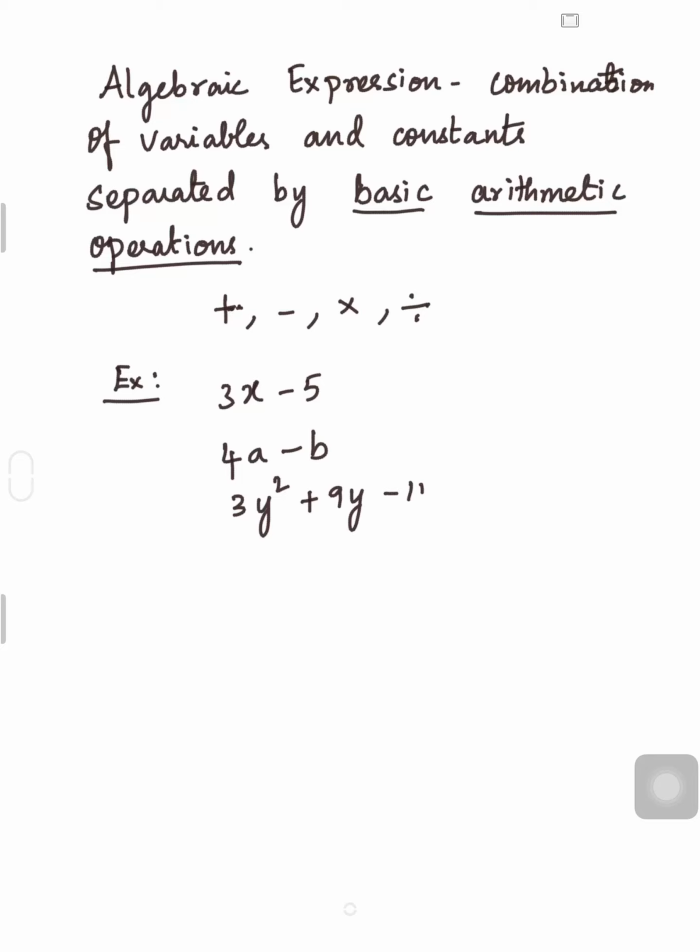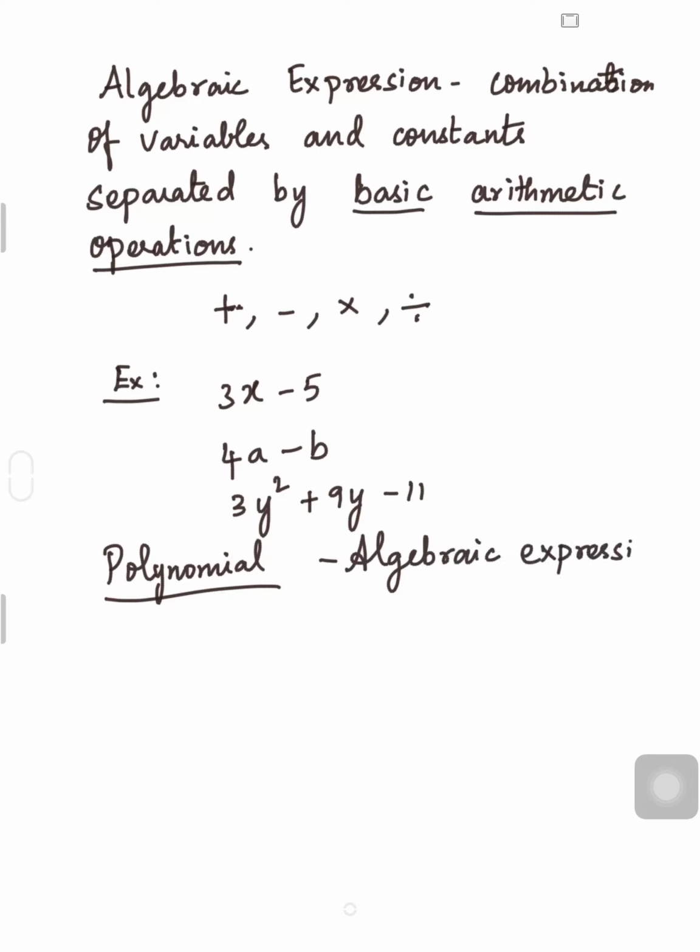So polynomials, let me tell you what is a polynomial. Polynomials are nothing but algebraic expressions. Now here you are going to learn polynomials in one variable. The variables are all the alphabets, that is, the alphabets A to Z are considered as variables. Here every polynomial whatever you are going to learn is with one variable.